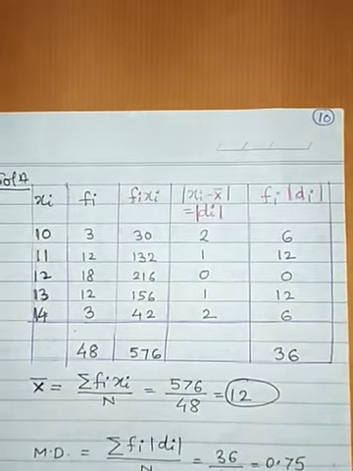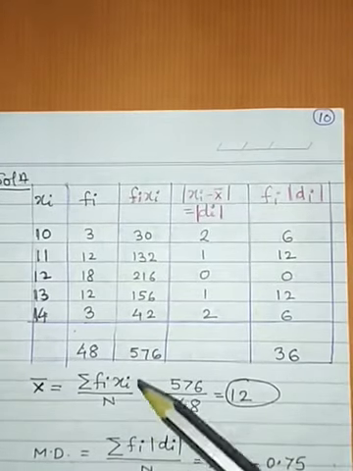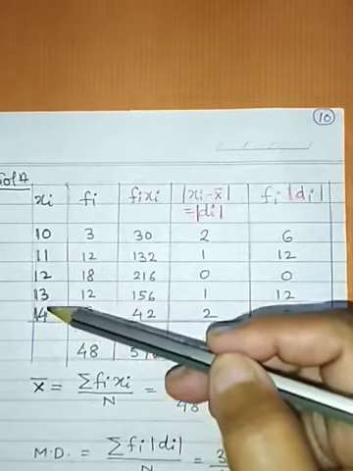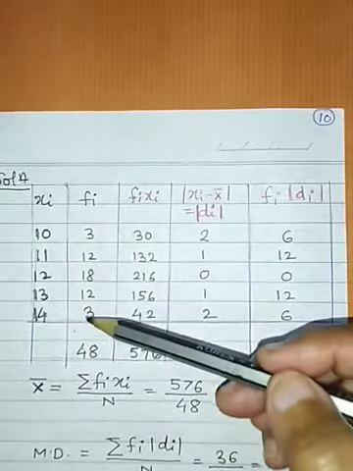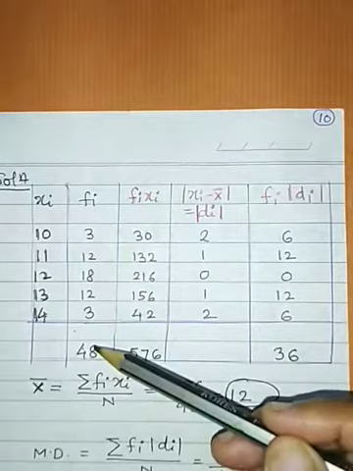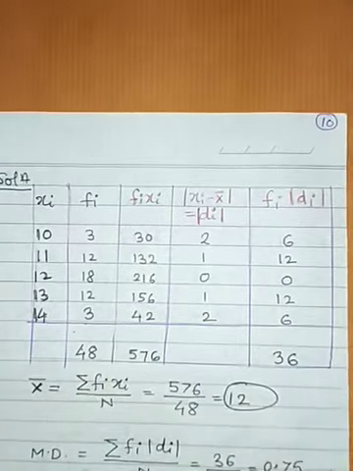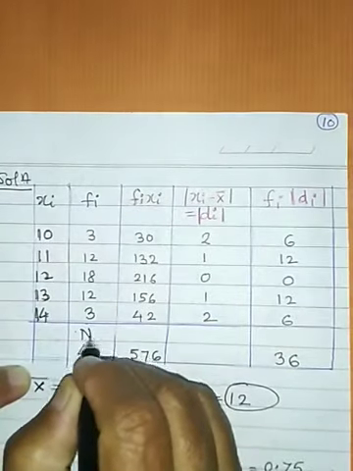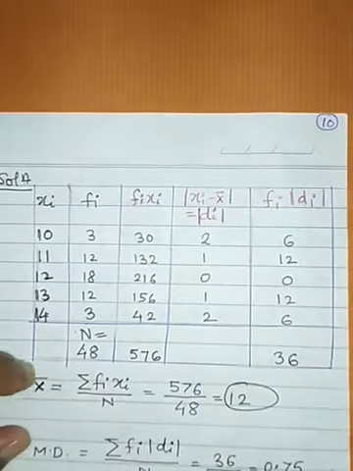Whatever xi was there, I have written in this way: 10, 11, 12, 13, 14. Fi I have written here. The sum of fi will be 48. That is n now.